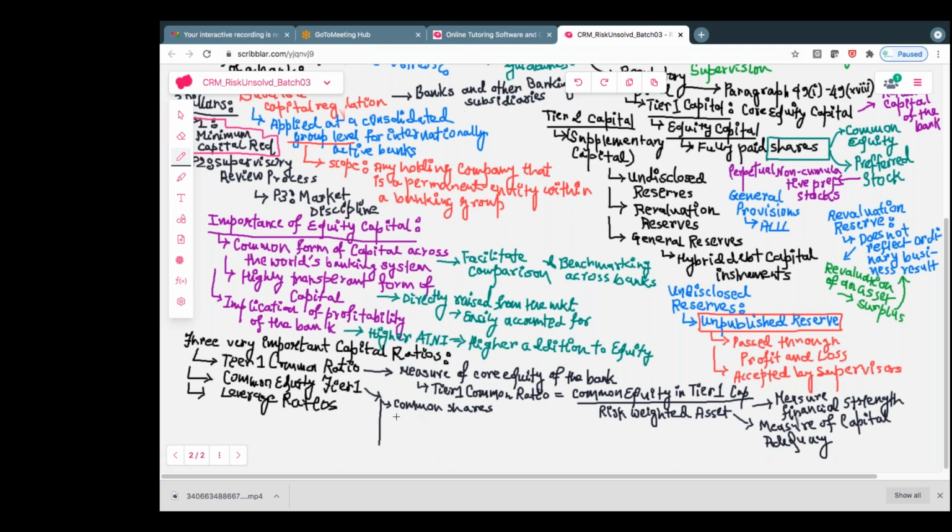So one of them is the common shares which are issued by the banks, right? The second part that we have over here is a stock surplus or a share premium.